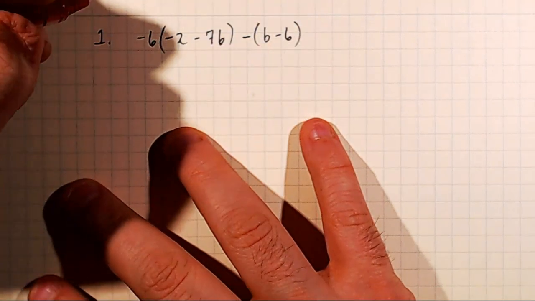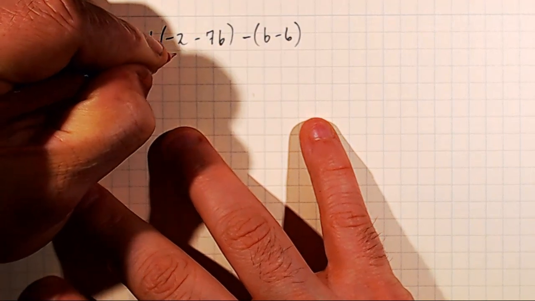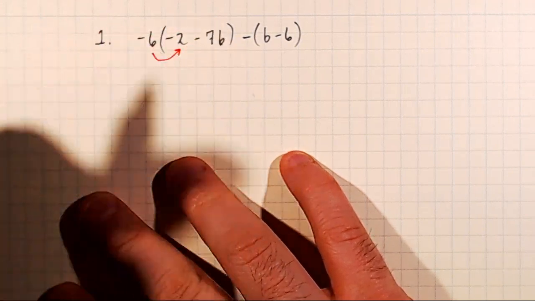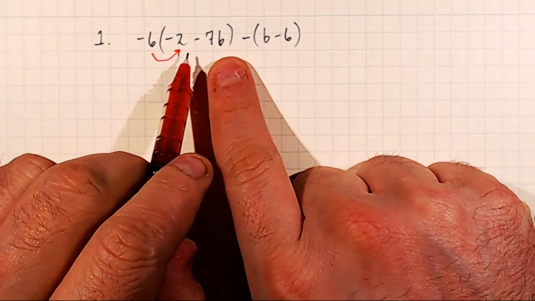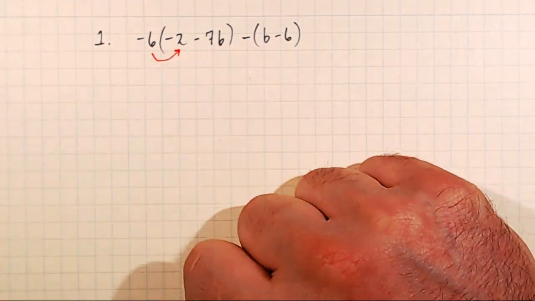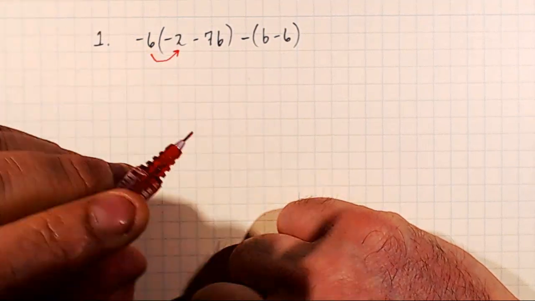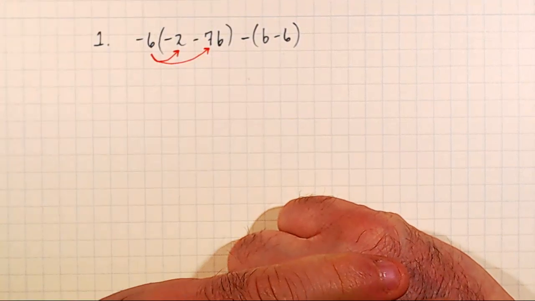And the way I'll deal with them is by distributing the term to the left of each parenthetical expression. This thing is a parenthetical expression, and the thing inside the parentheses is a binomial. So I'll multiply -6 by -2, and I'll multiply -6 by -7b.